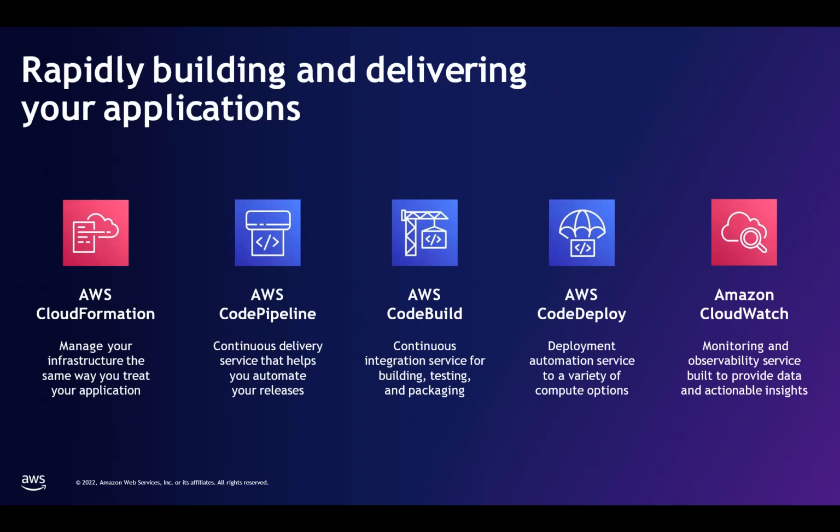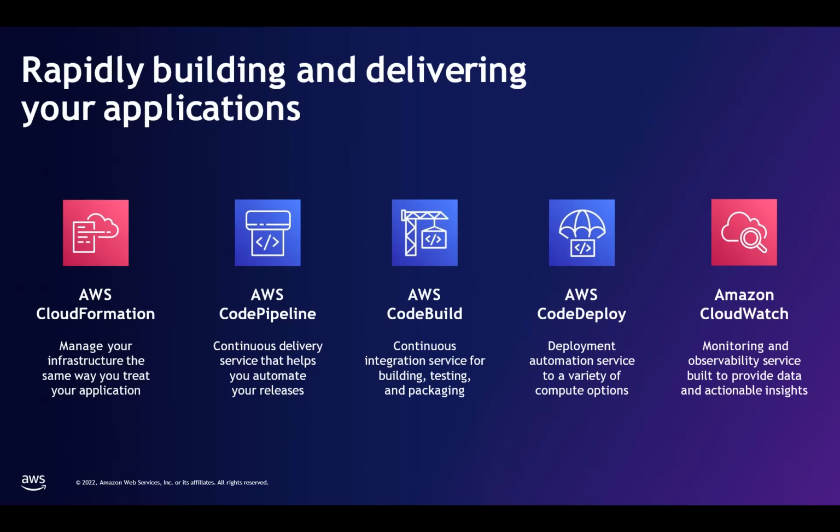Again, AWS has different services available, like AWS CloudFormation, which manages infrastructure as code. These services and tools basically build and deliver apps. For example, AWS CodePipeline helps you automate the releases of your software.